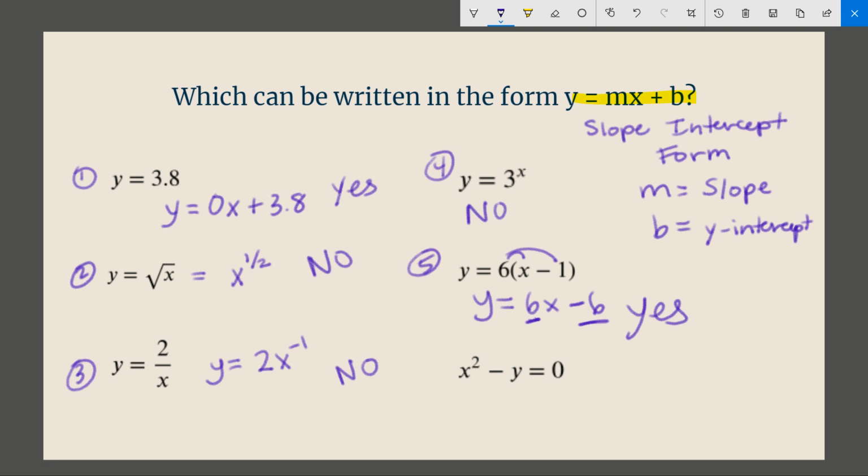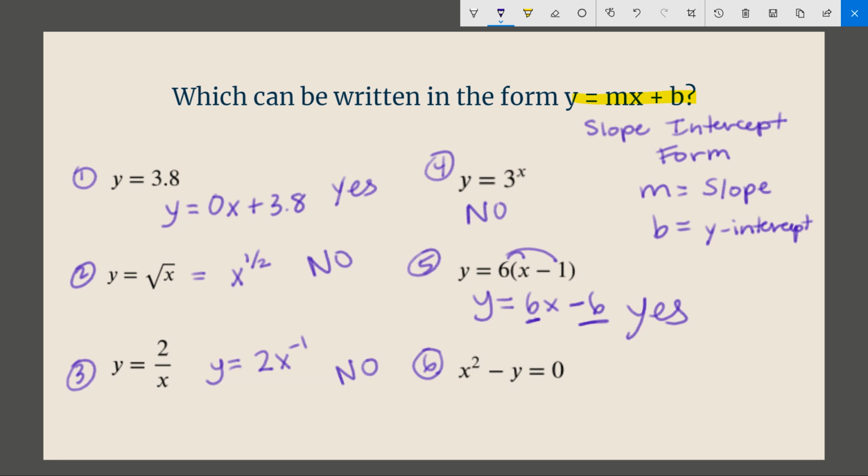All right. This sixth equation, x and y are on the same side of the equal sign, but you also see that x has a power. And earlier I've said if x has a power other than just a 1, so that it just looks like a regular normal x, it's not going to be linear. But this also doesn't have x and y being on separate sides of the equation.